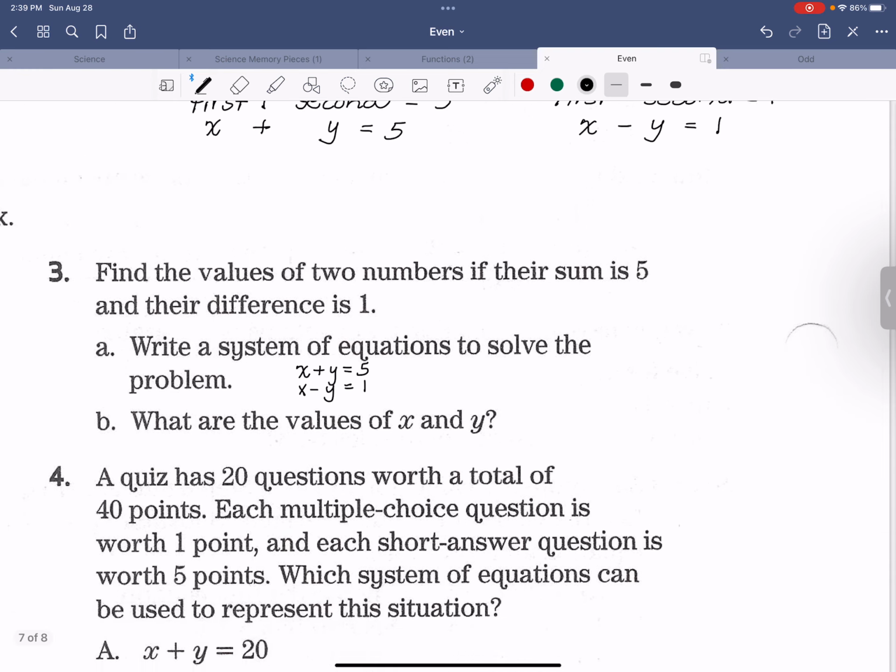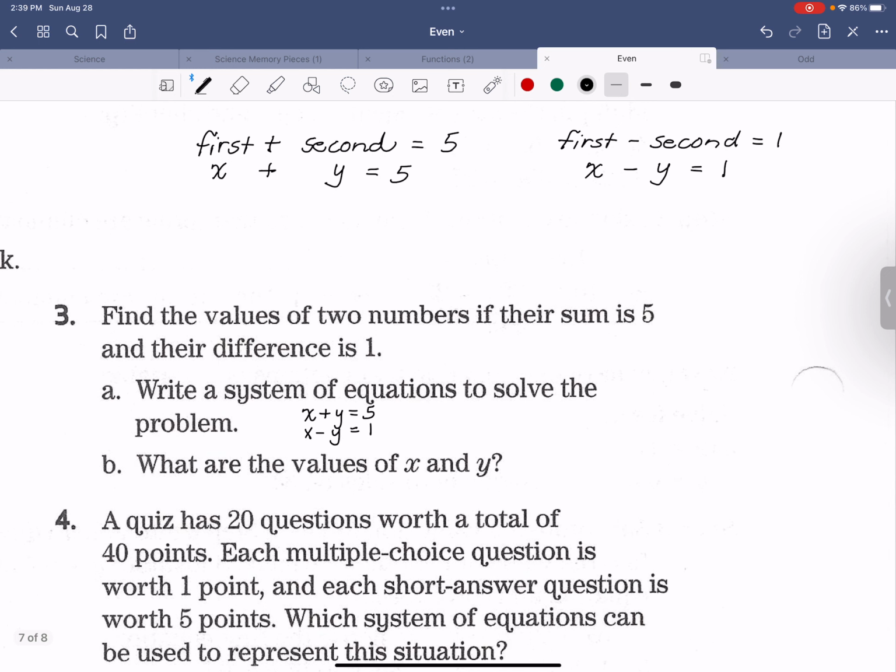I'm going to do this one with substitution. Or you know what? Elimination is probably my best bet on this one too. I'm rethinking that. I may like elimination better than substitution, but you could use either. I don't even need to do anything.